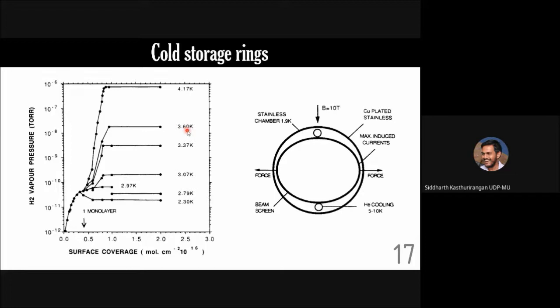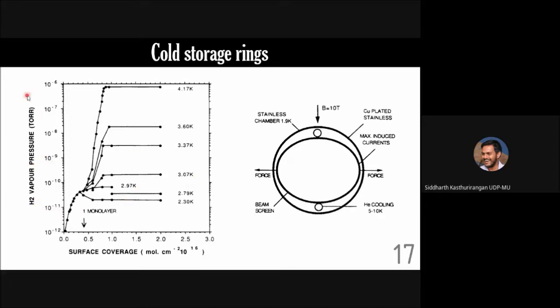This is an example of what happens in a cold storage ring, that is a cryogenically cooled storage ring. You can see that at different temperatures, the vapor pressure of, let us say, hydrogen gas, which is the dominant one. This is from CERN, so proton beam. That is why they get hydrogen formed at various places.